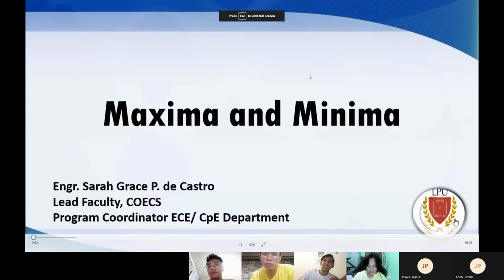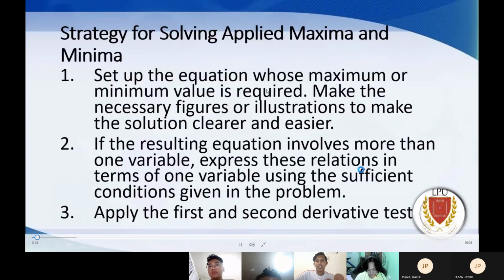Back to Engineering Calculus 1 or Differential Calculus. For today's lesson, we'll be discussing maxima and minima involving trigonometric functions. Strategy for solving applied maxima and minima. Number 1 is to set up the equation whose maximum or minimum value is required.